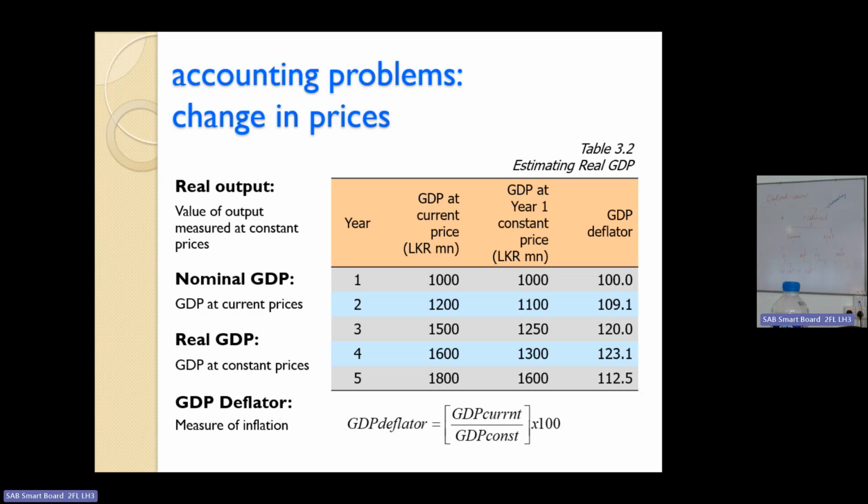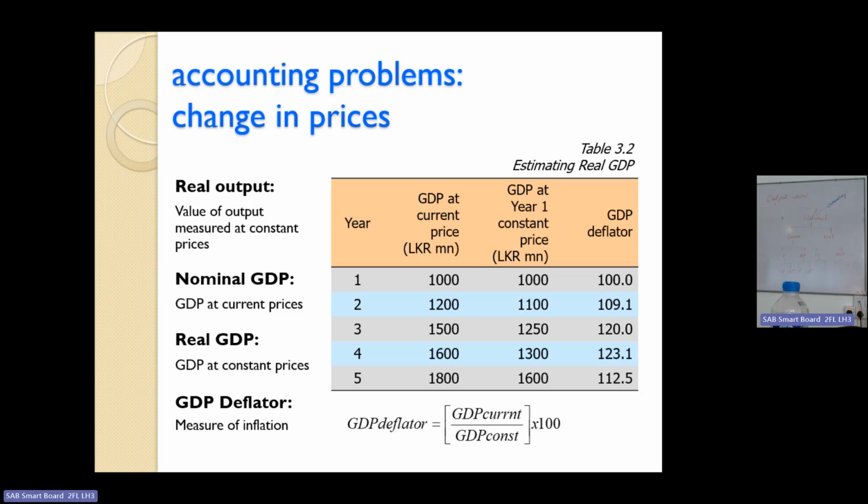Normally we use that term. It captures inflation across the overall total product. So the GDP deflator.